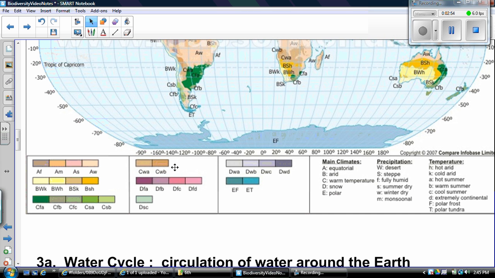If you look at CWA, C, warm temperature, W is for desert, A is for hot and arid. So you've got the main climates, the precipitation, and the temperature, the average precipitation and temperature for each climate.